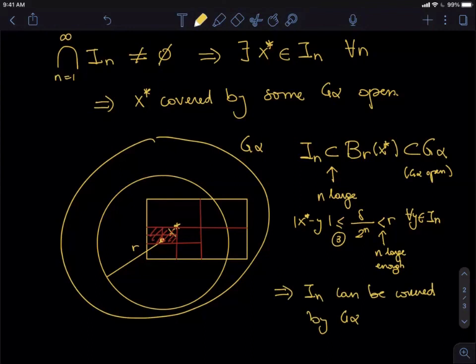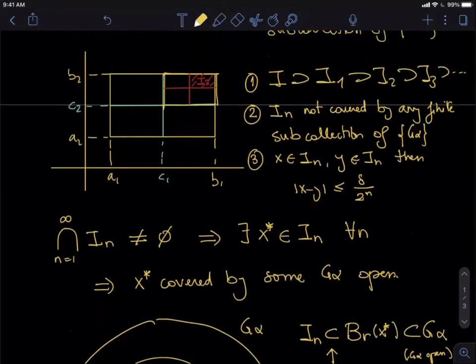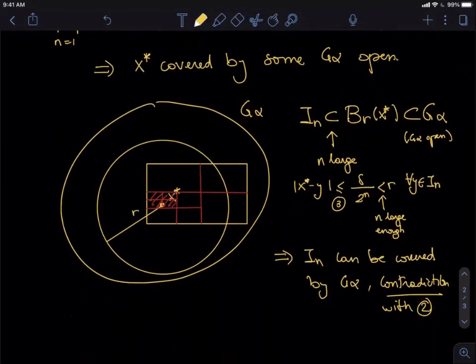And this is a contradiction with property 2. We go back to say that IN was not covered by any finite subcollection of the G alpha. Here we are saying that there is one G alpha that covers it, that cannot be, so we are done.